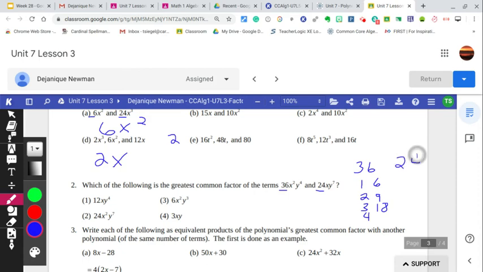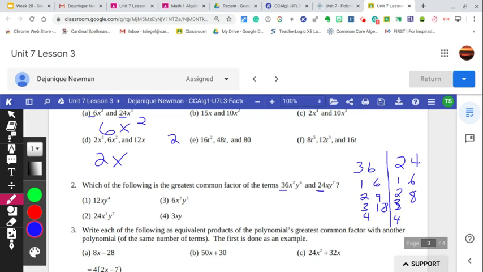For 24, the common factors are 1, 2, 3 goes into 24, 4 goes into 24, 5 doesn't, 6 does, 7 doesn't, 8 does. All right, so the greatest common factor is 6, right?